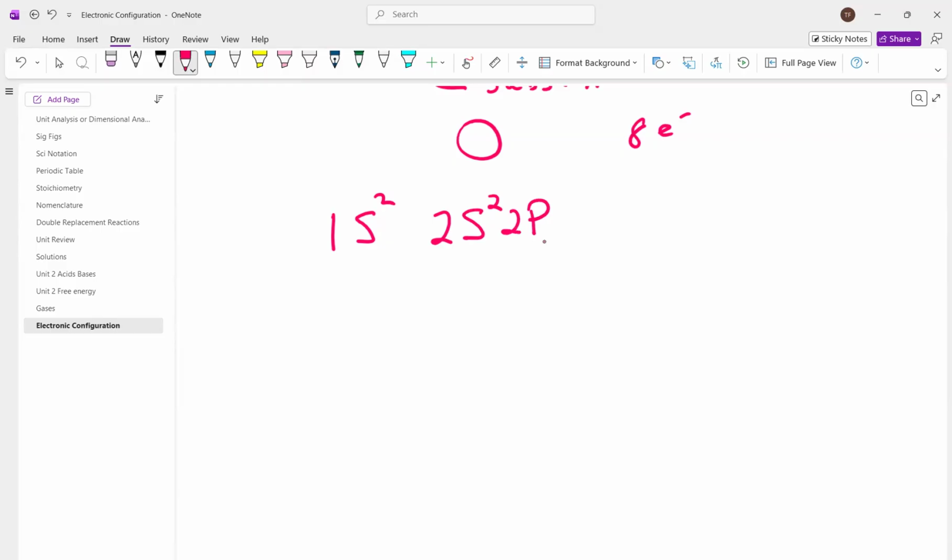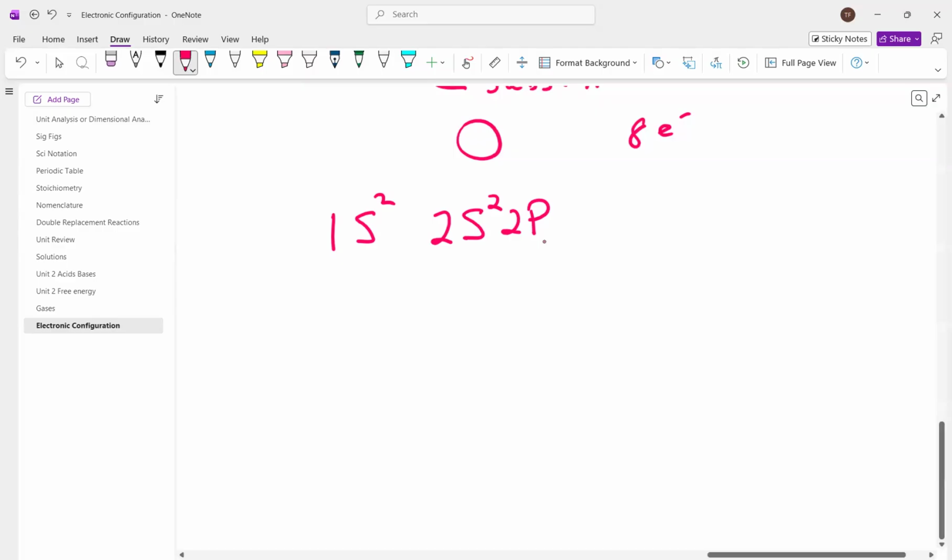How many can fit in the 2p subshell? Remember, there are 3 parts. 2 times, how many parts? There are 3 parts. Each part can hold 2 electrons. So you can put 6 electrons in that P subshell. So we're going to go like this.